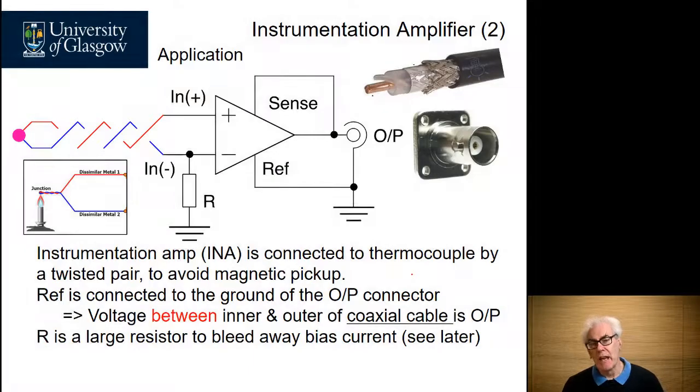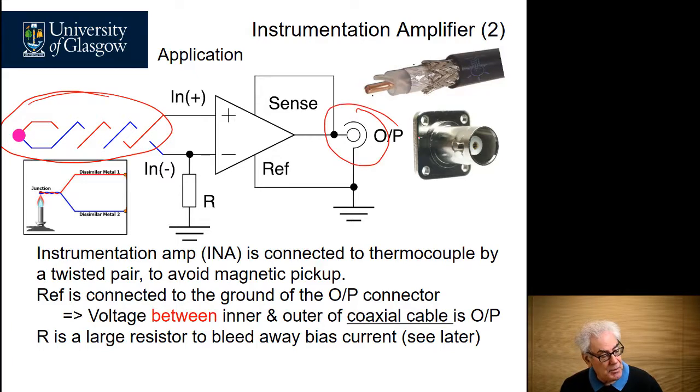So let's look at an application for an instrumentation amplifier. And here we have a thermocouple, which is dissimilar metals, and the difference in voltage represents the temperature of those metals. And we have it connected here.